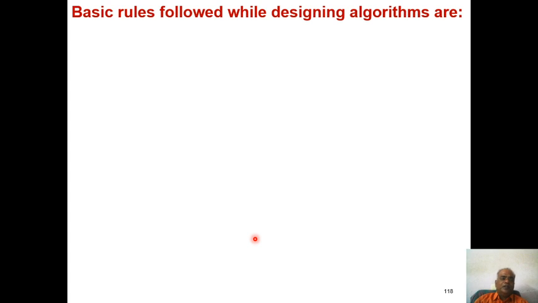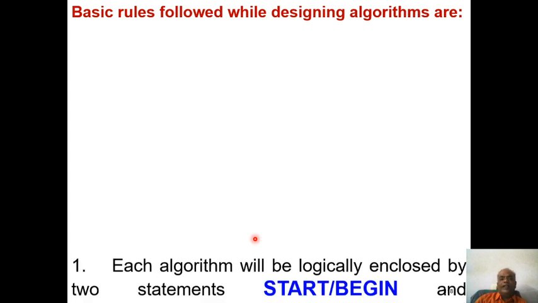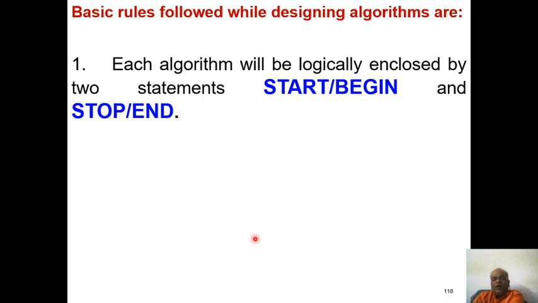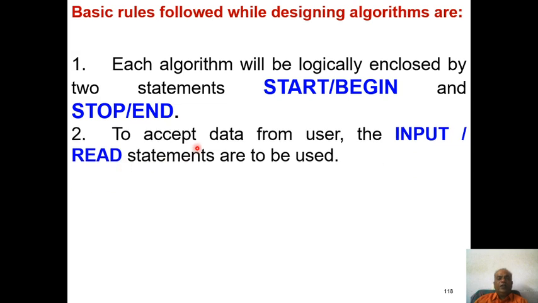The basic rules followed while designing an algorithm are as follows. First, each algorithm is logically enclosed by two statements: start or begin, and stop or end. Next, to accept data from the user, you can use the statements input or read.